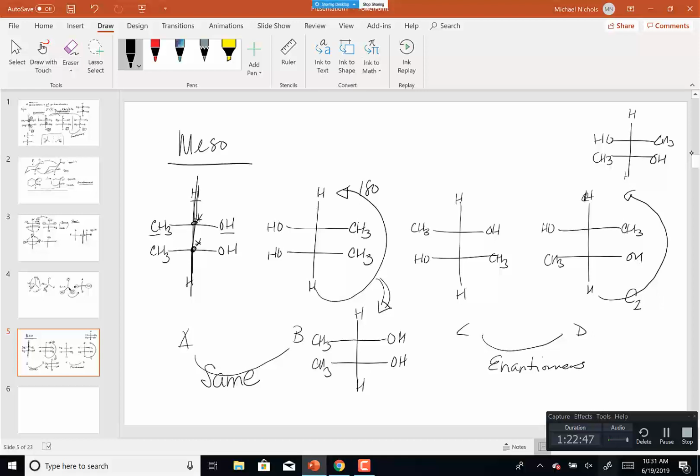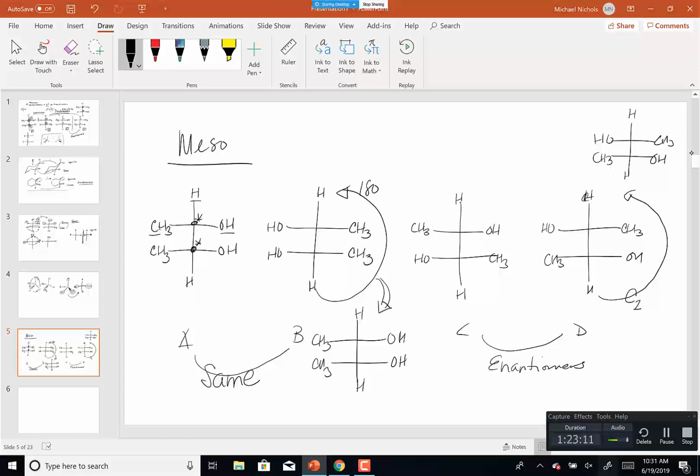No. And if it did cut it in half, what would happen to those 2 carbons? They aren't chiral. Okay, the definition of a meso compound is it's superimposable on its mirror image, but it has to have chiral centers. If it doesn't have chiral centers, it's not meso. So that mirror plane doesn't work.